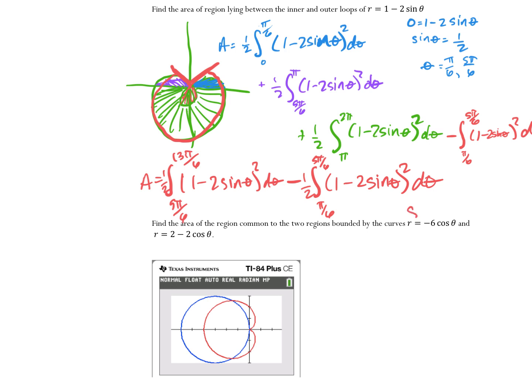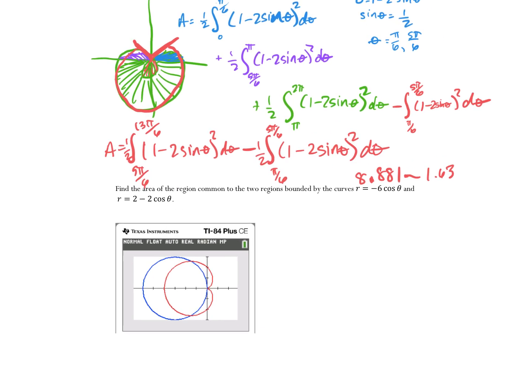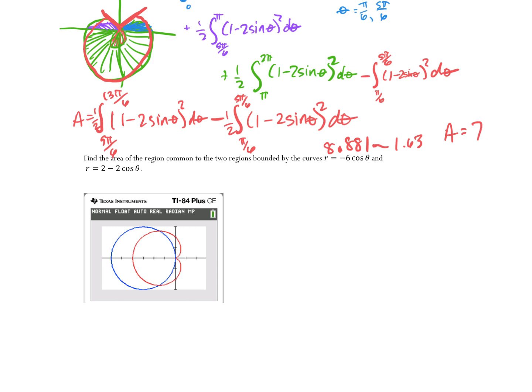So for the first one, I got 8.881, and then from that, I'm going to subtract 1.63. And I found that the area is equal to 7.25.